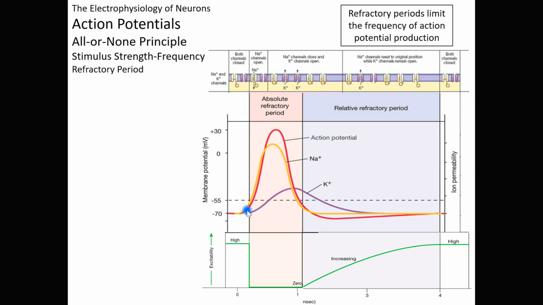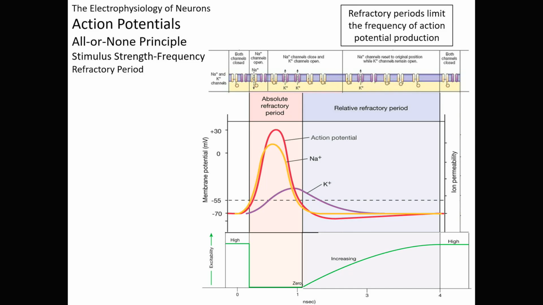So when we are below the threshold potential, before any action potentials have occurred, we have this very high excitability. It's very easy to stimulate this neuron to generate an action potential. Once we actually generate the action potential and we're above threshold, we're now in the absolute refractory period, and as we discussed yesterday, the excitability during the absolute refractory period is 0.